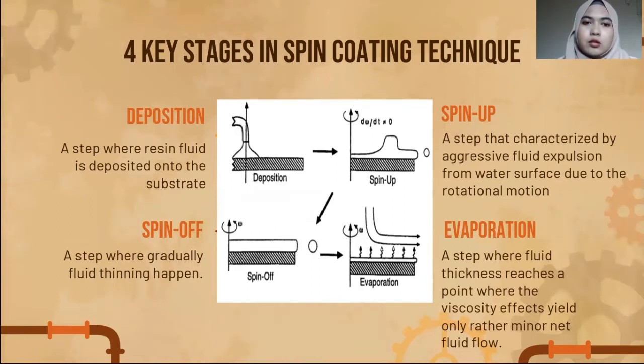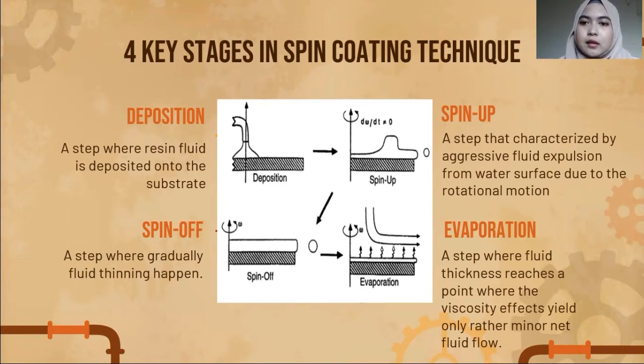The coating solution is poured out using a nozzle or syringe onto the surface of the workpiece. And in the spread stage, all the excess solution is pushed out toward the edge of the substrate to achieve the final thickness that is needed.